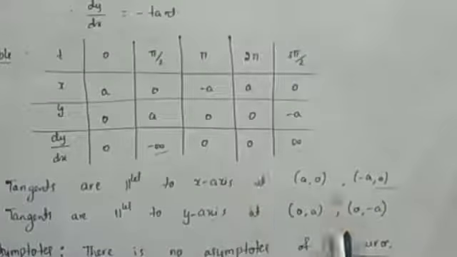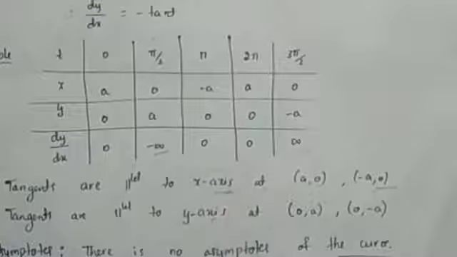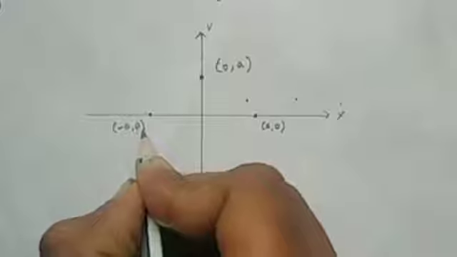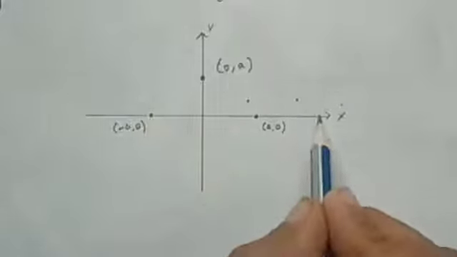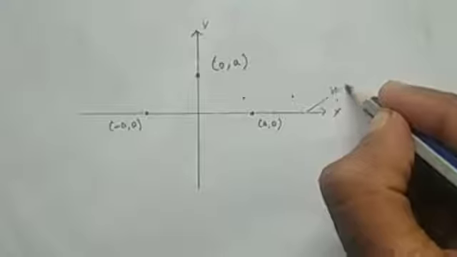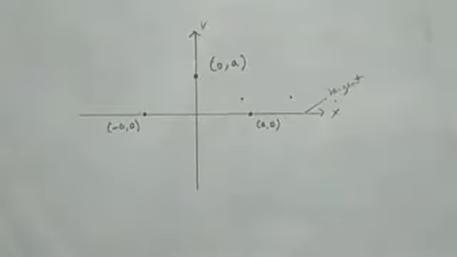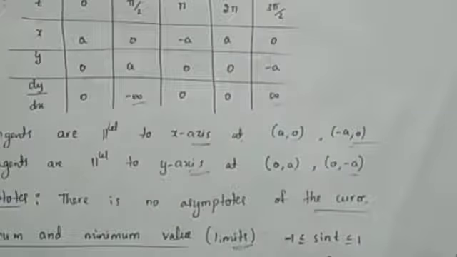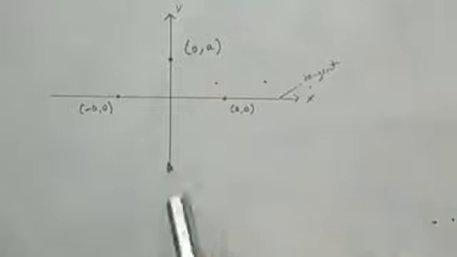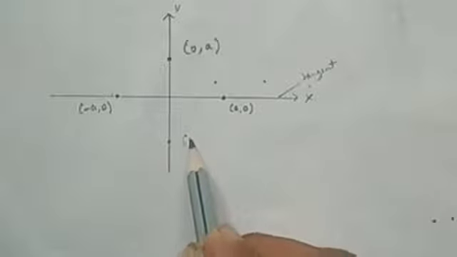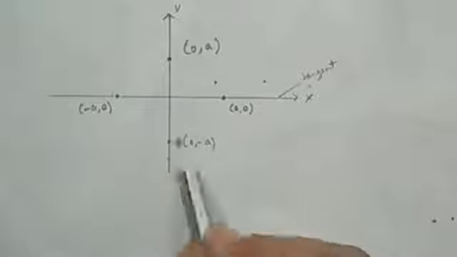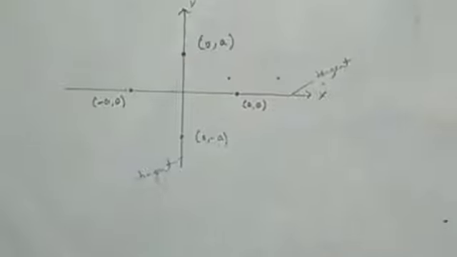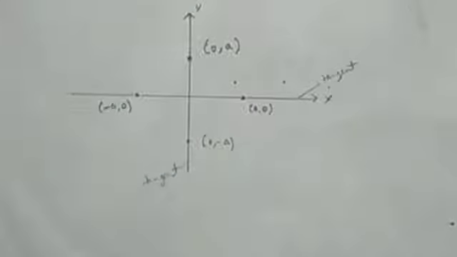This one is the tangent. And at 0 comma a and 0 comma minus a, the y-axis is the tangent.